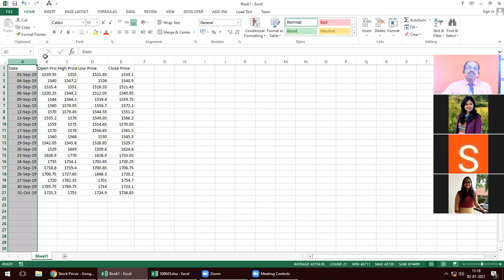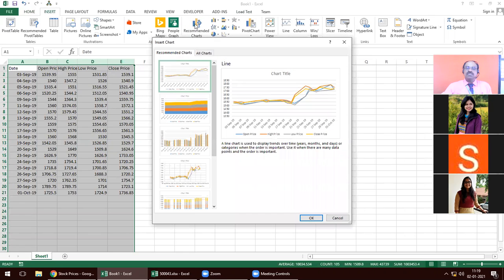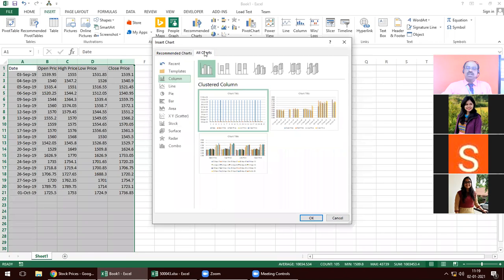Okay. Now you can select all those things. We'll see which type of chart is suitable. Go to insert, go to recommended charts. Then go to all charts.